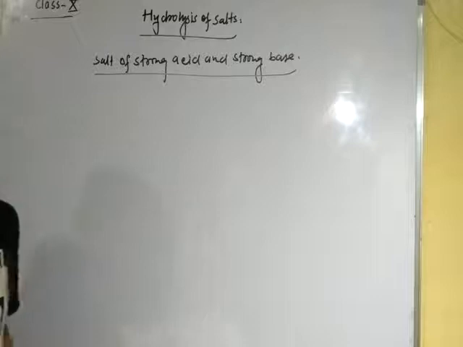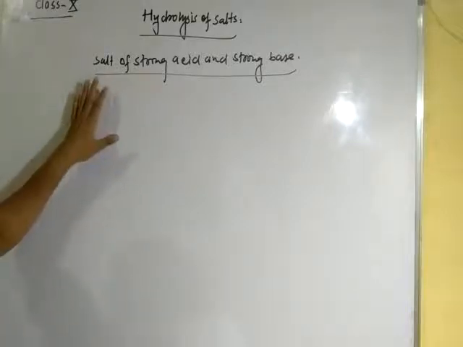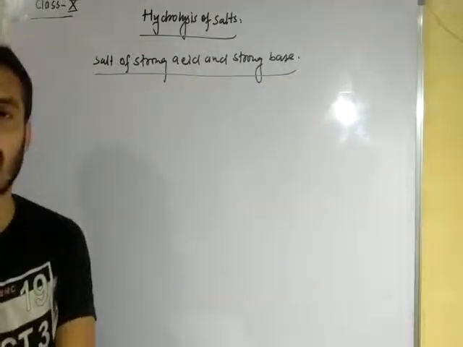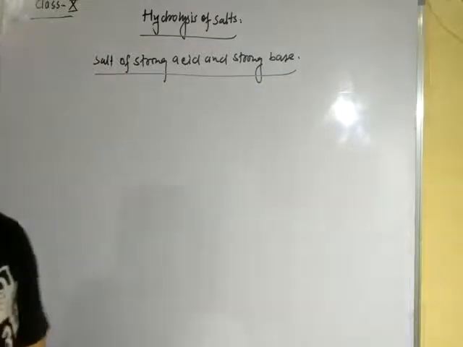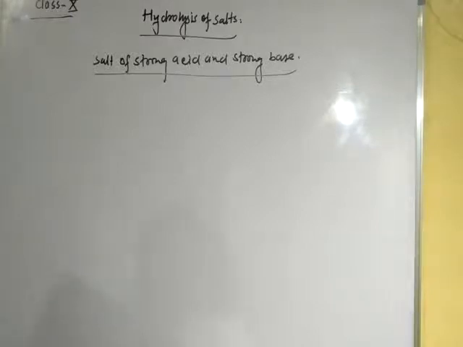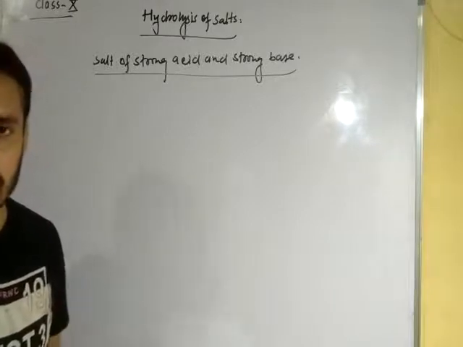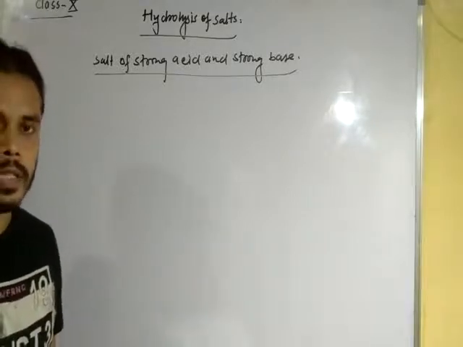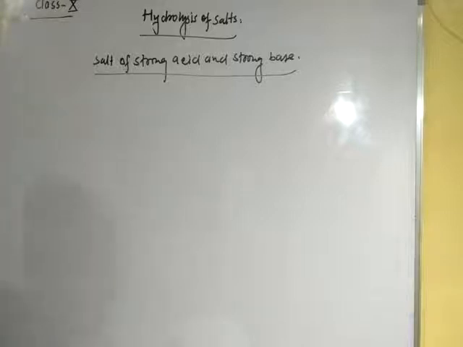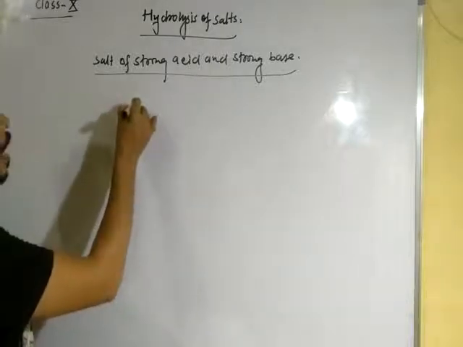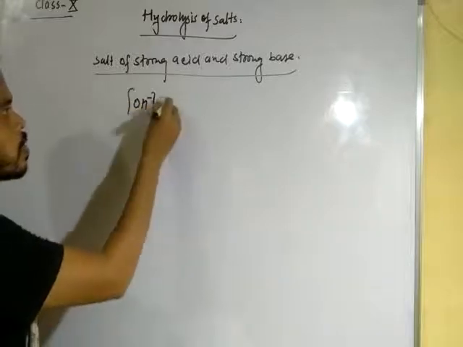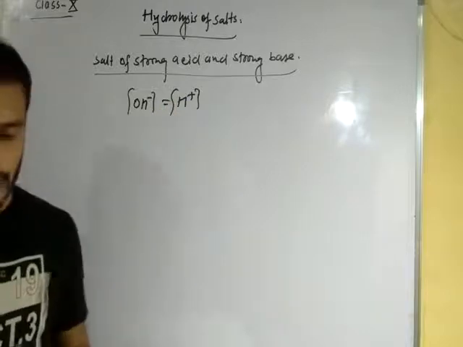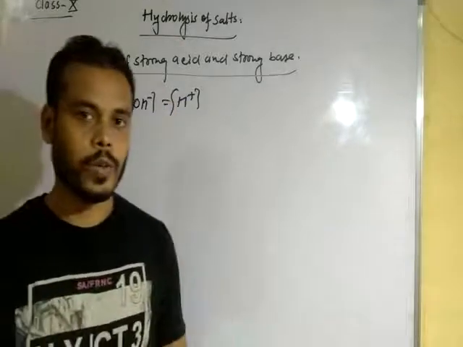Okay, salts of strong acid and strong base do not undergo hydrolysis in water and their aqueous solution is neutral in nature. That means they do not undergo hydrolysis. Okay, and if they do not undergo hydrolysis, that means the hydroxide ion is equal to the hydrogen ion. That means the solution will be neutral in nature.